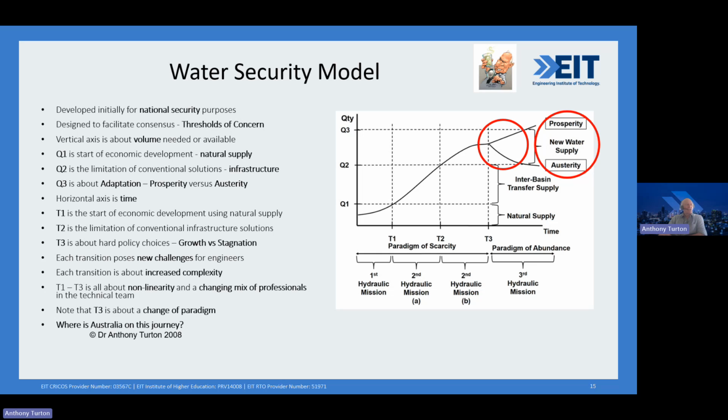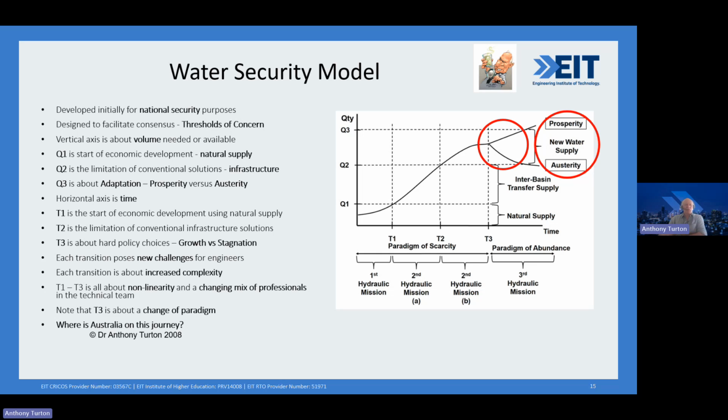So you then go into this thing beyond the normal sphere of hard engineering. We start thinking now about adaptation. How do we adapt? How does government policy, how does mining policy, how do investors think about adapting?